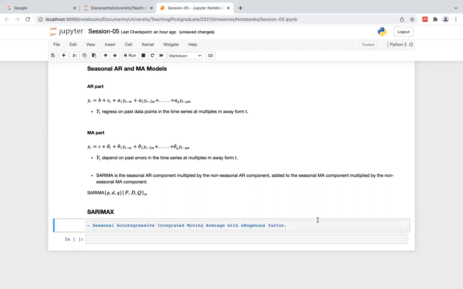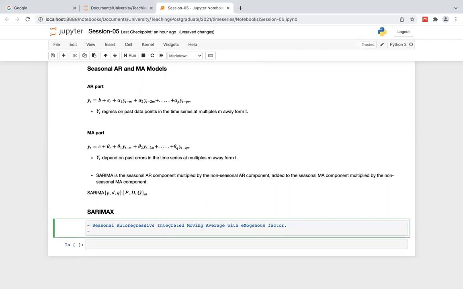Then what is this X? The name is exogenous factor. Then what does it mean? Suppose you want to add some additional value or parameter or any other variables which could be a parallel time series, then you can use this X component to add it.